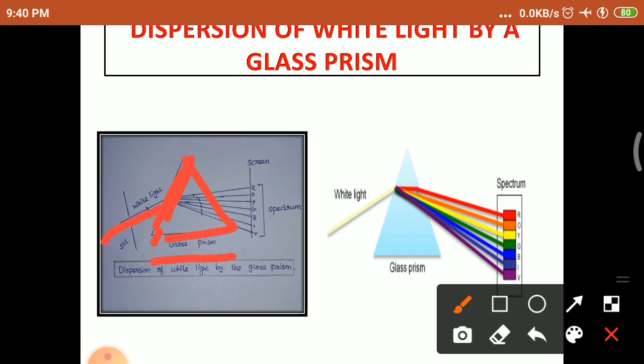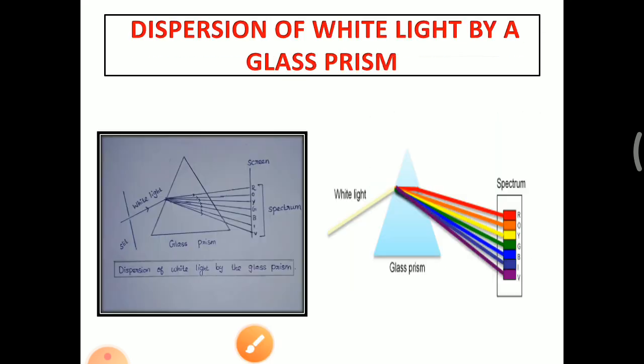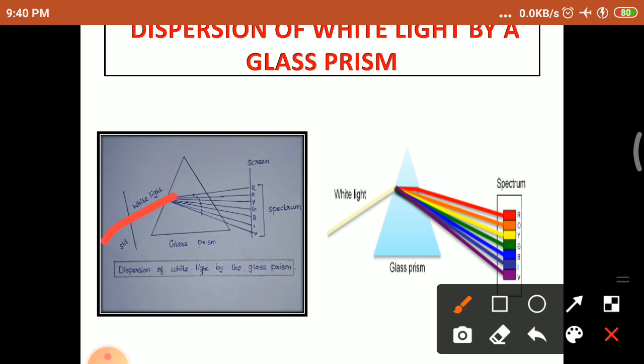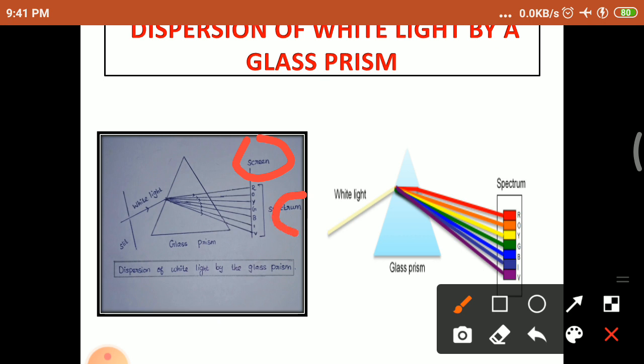Then draw one ray of white light with an arrow mark, and give it the name white light, because only white light is dispersed into 7 colors. These are the 7 colors: write violet, indigo, blue, green, yellow, orange and red from the bottom to top. Write that this is a screen and this is a spectrum.